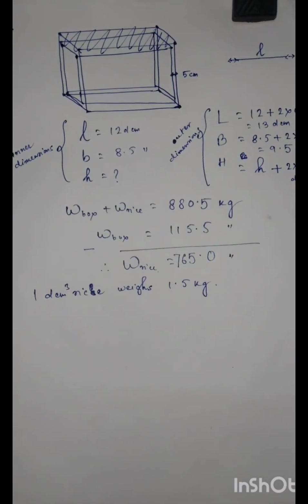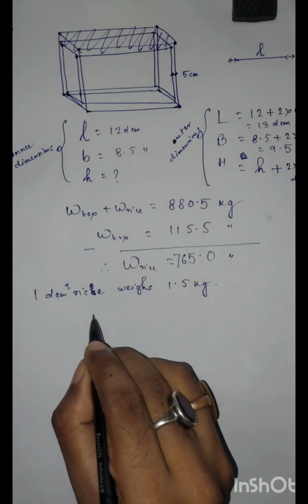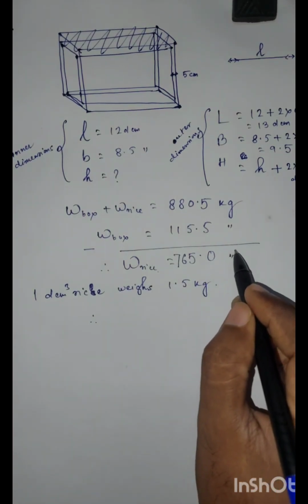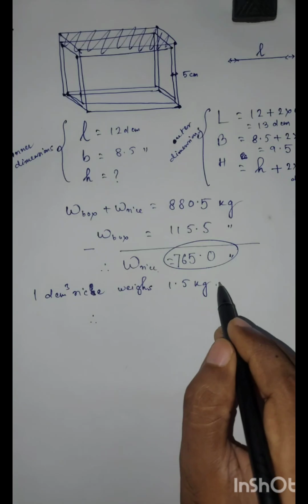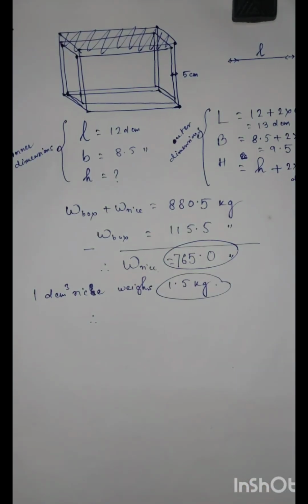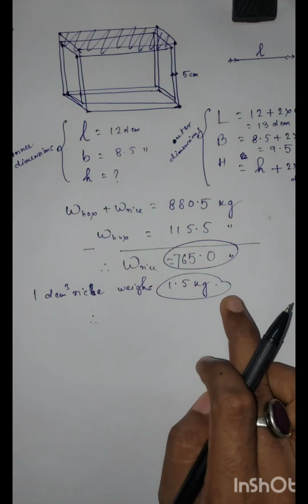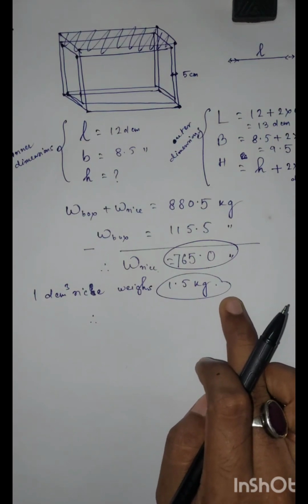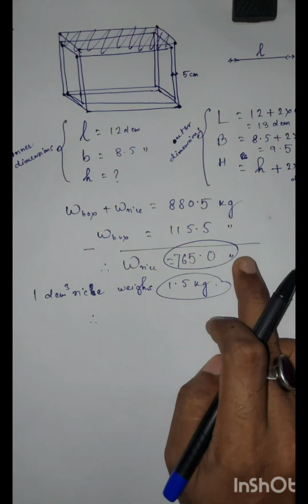One dcm cube of rice weighs 1.5 kg. Therefore, if we divide this mass by this mass, we are actually getting the volume. This is the mass of unit volume. This is the total mass.